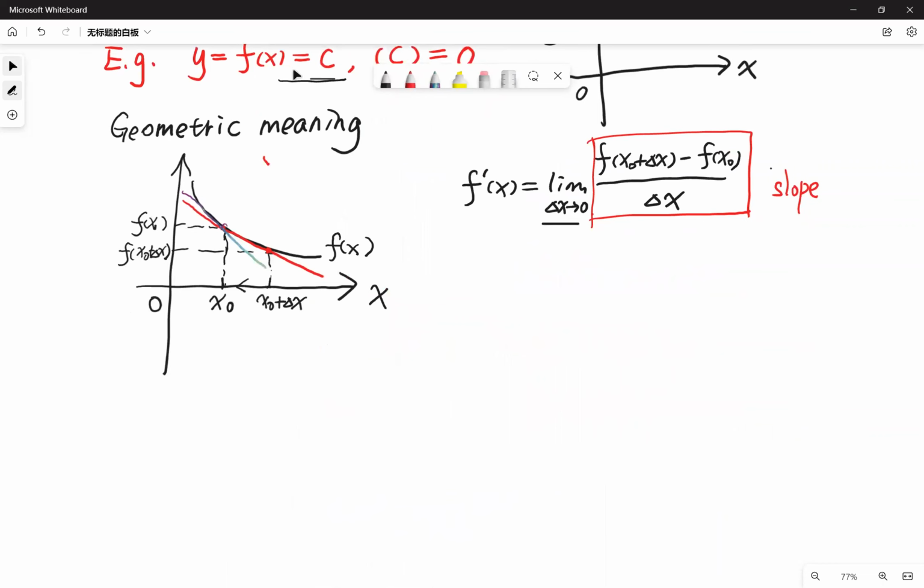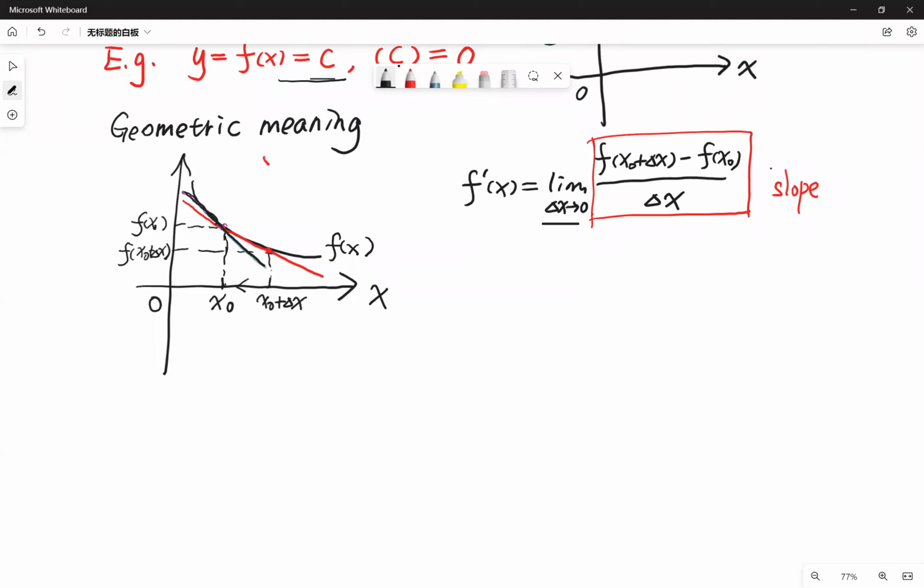Then we get a tangent line of the function here. When we know this one, the quotient here means the slope of this line.